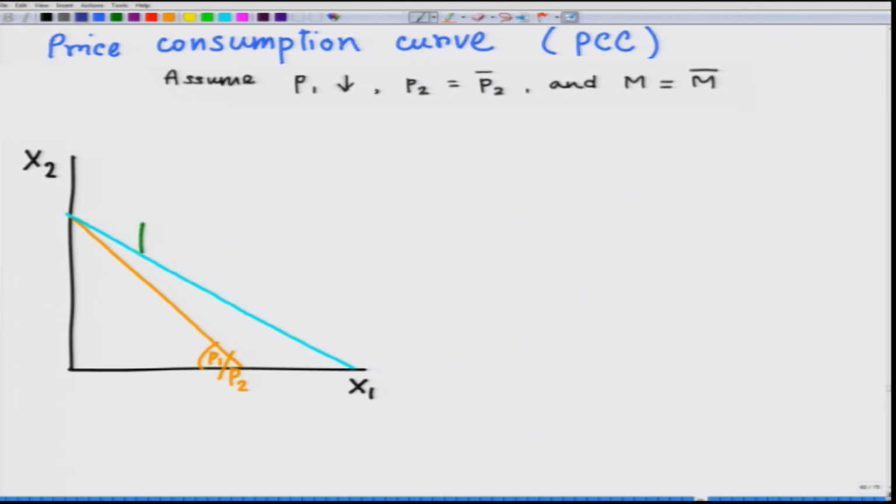So, the consumer's equilibrium is going to be obtained at the tangency point, as we have done earlier also.